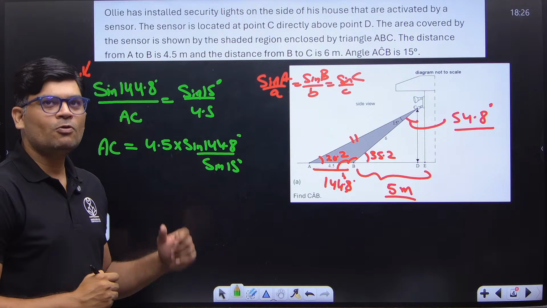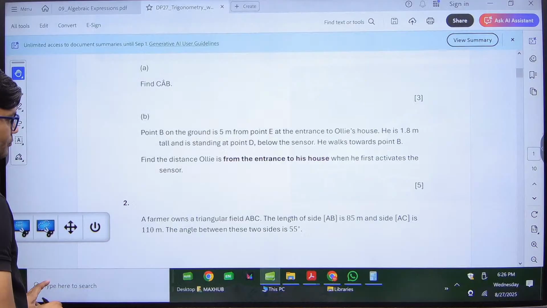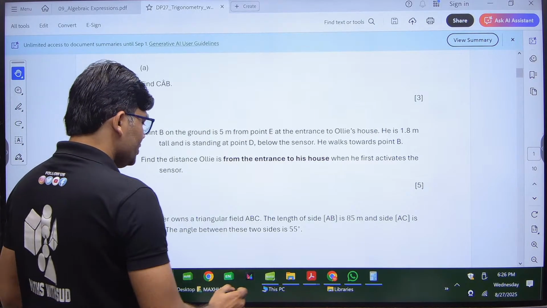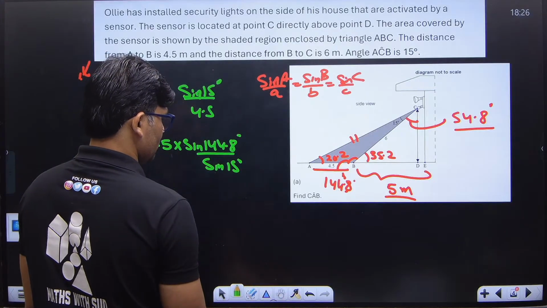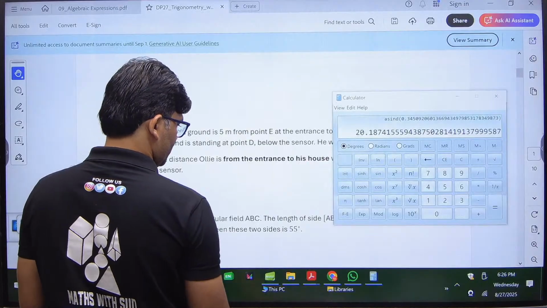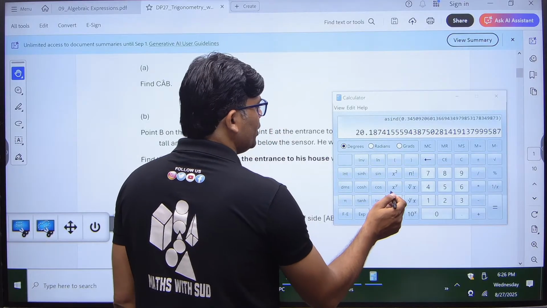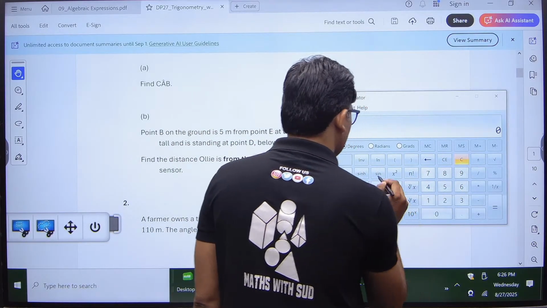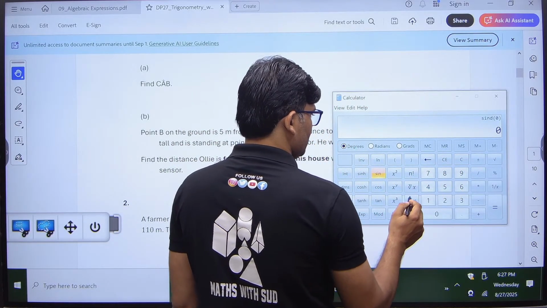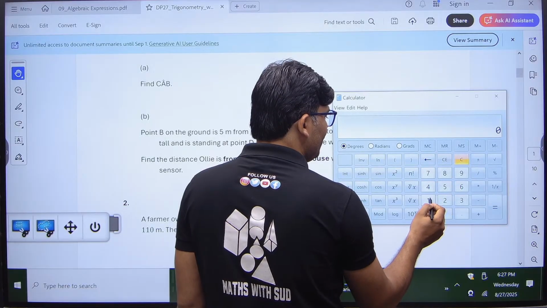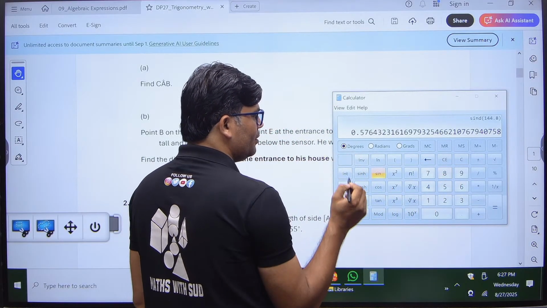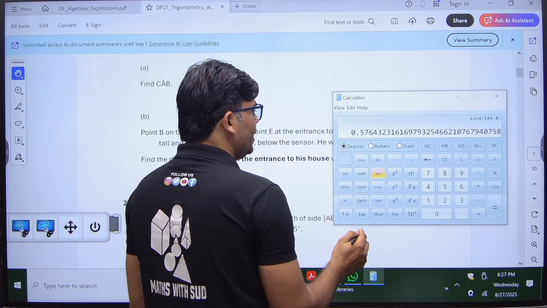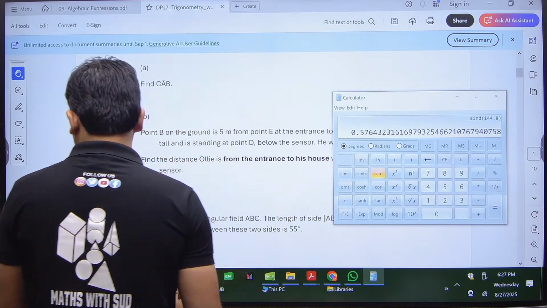So let us calculate one by one. Once you have written this, let me open the calculator again. Can you tell me what are the values we need to find? Sine 144.8. So first I will write 144.8 and then I will put sine here. What is the value I am getting? 0.576.